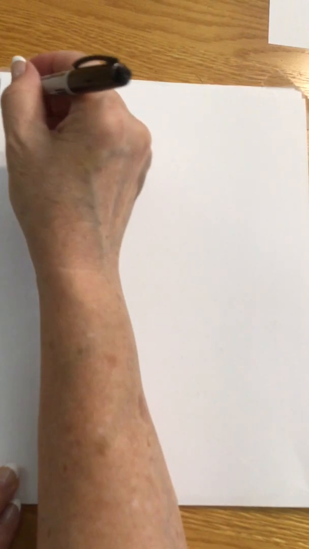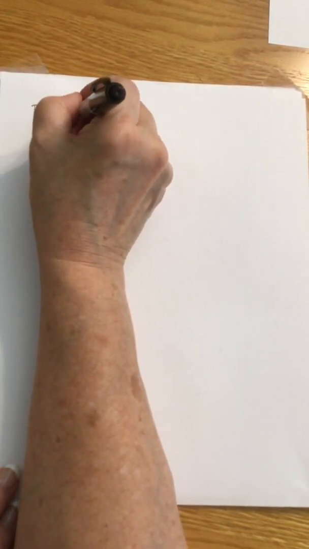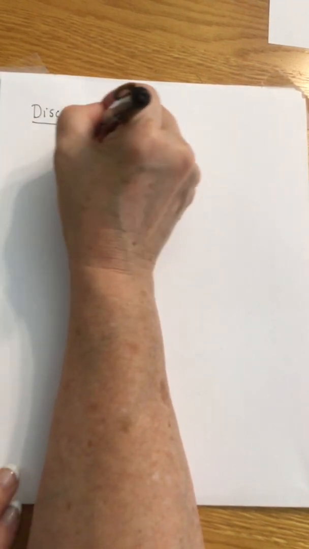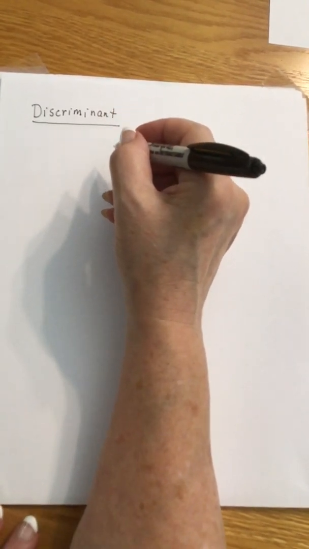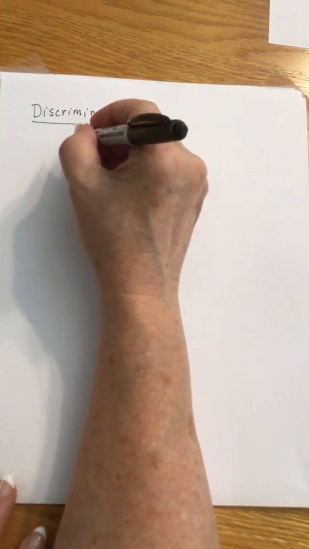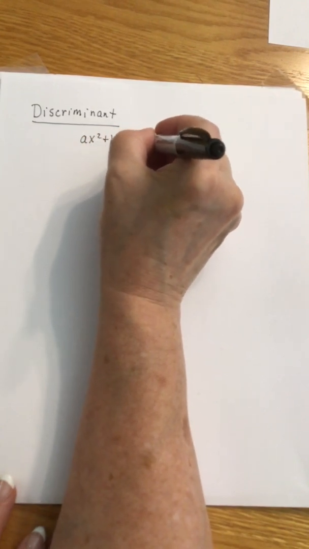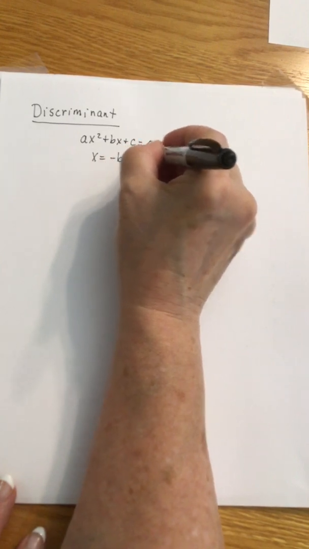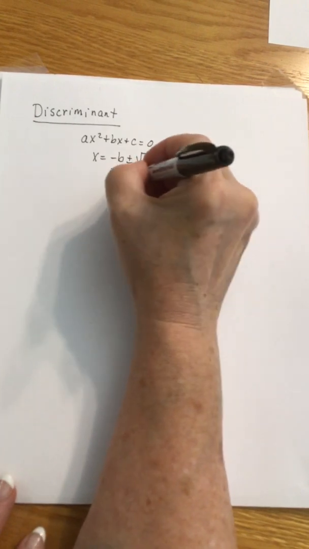The next thing we're going to look at is the discriminant. The discriminant tells us how many real solutions your solution set is going to have. Now, if I look at ax squared plus bx plus c equals 0, x equals negative b plus and minus the square root of b squared minus 4ac all over 2a.